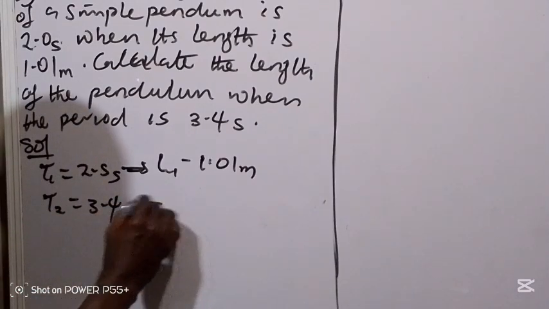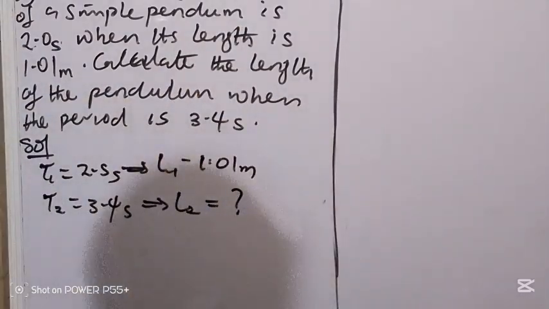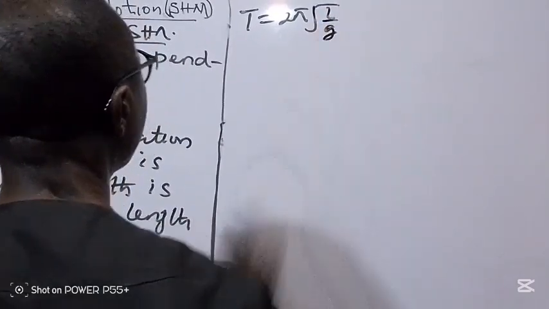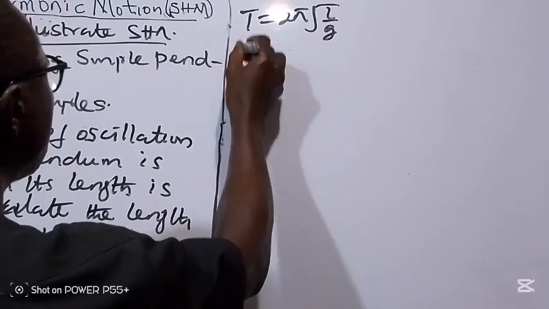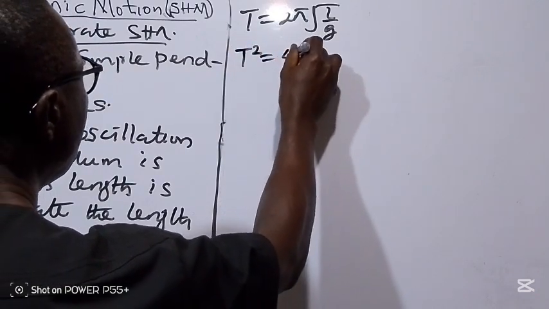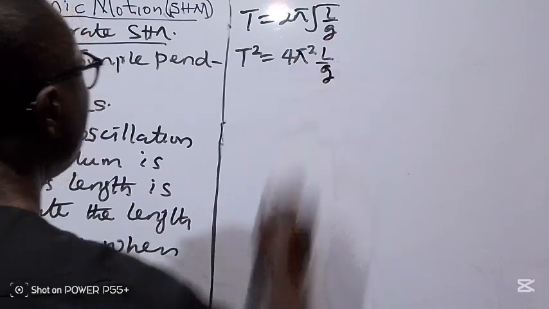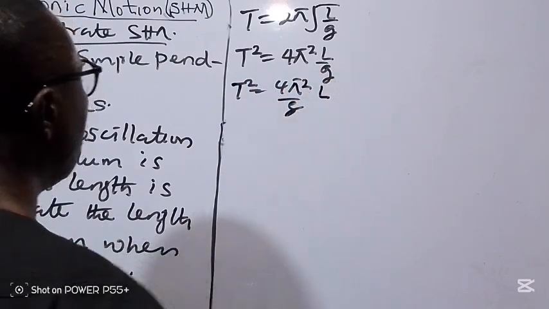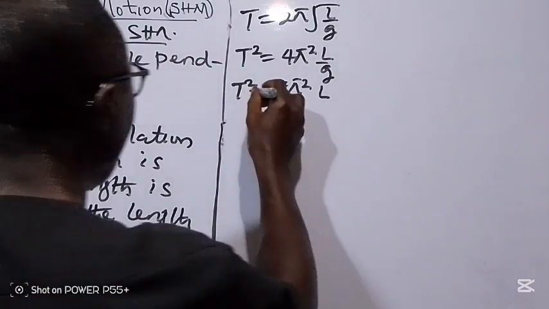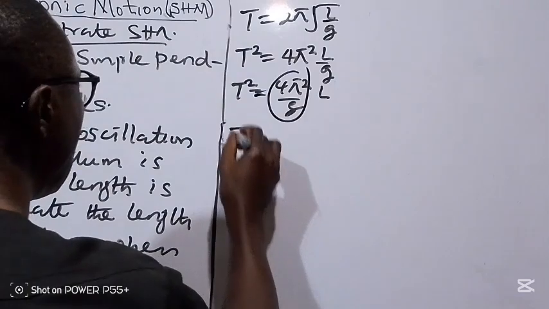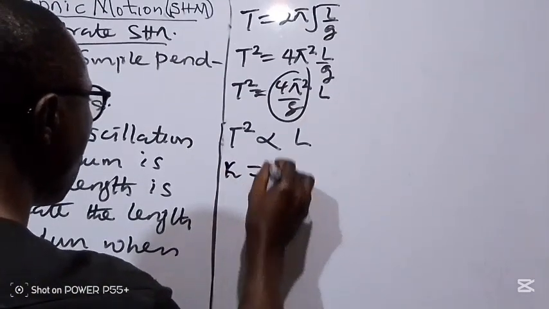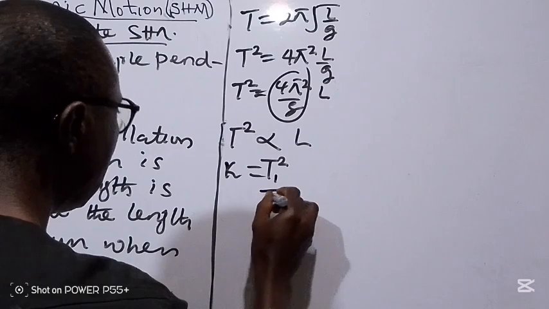Now, from our discussion, we said period is equal to 2 pi into square root of L over G. To take the square of both sides, we are going to have T square is equal to 4 pi square L over G. Don't forget, since this one is a constant, we say T squared is directly proportional to L. So our k will be equal to T1 squared over L1 is equal to T2 squared over L2.